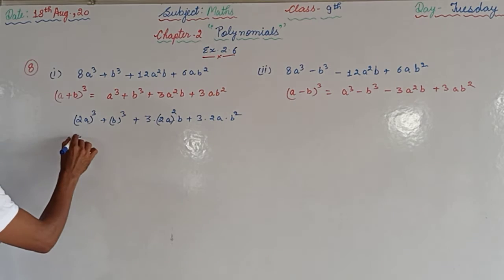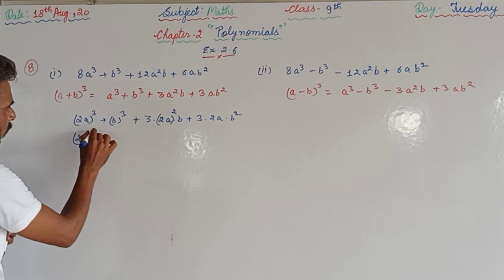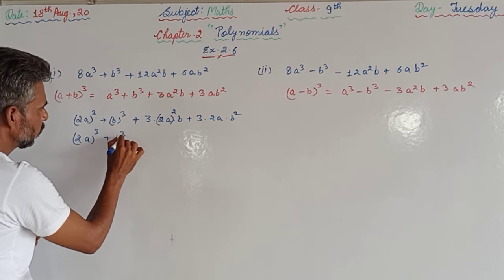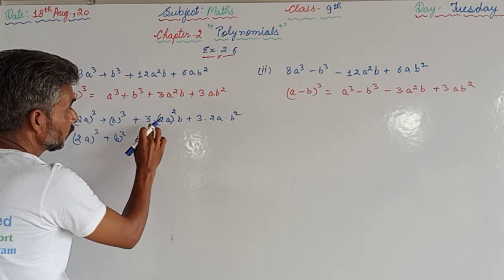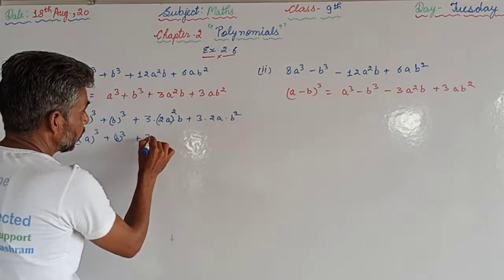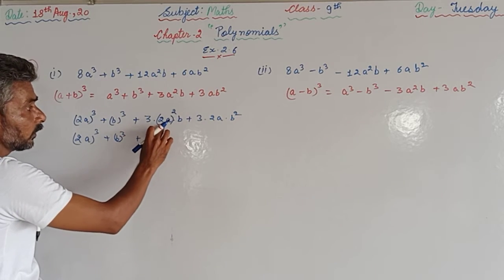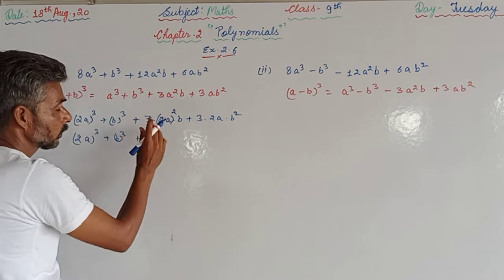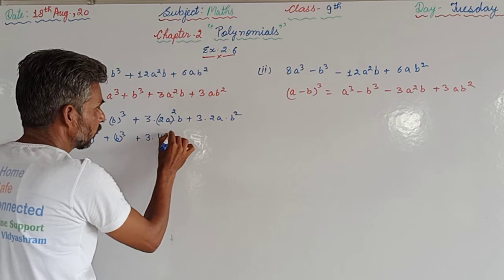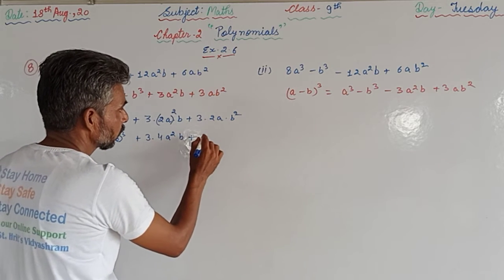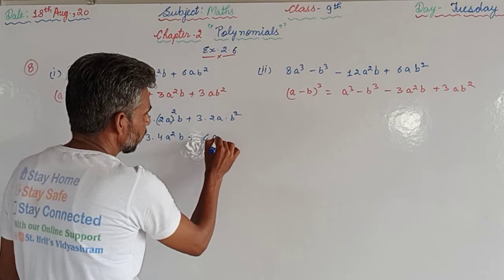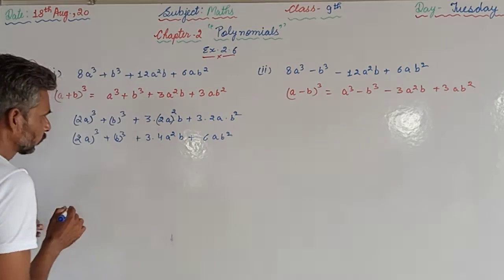So again we will write (2a) whole cube plus b whole cube plus 3 into 2a into 2a, means 4a square b, plus 3 twos are 6 ab square.